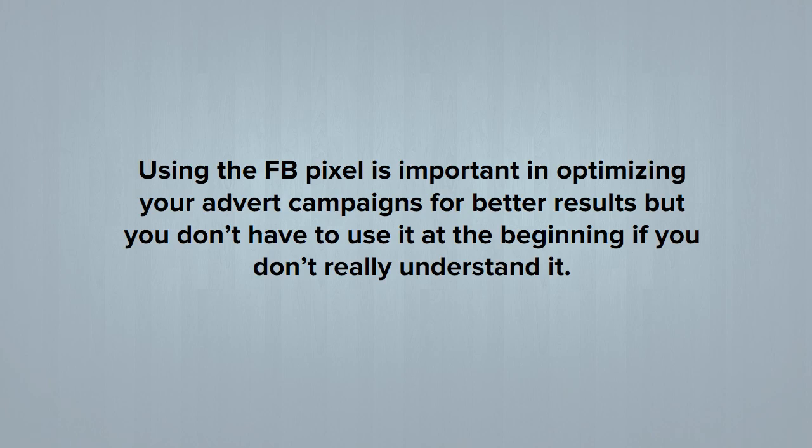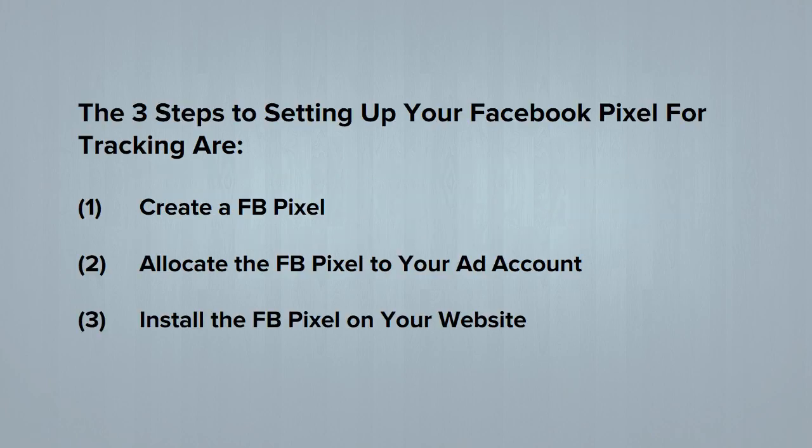To summarize, there are only 3 steps you need to take to get your Facebook pixels and targeting in place. The 3 steps are: you create your Facebook pixel, you allocate the Facebook pixel to your advert account, then you install the Facebook pixel on your website using the Pixel Your Site WordPress plugin.